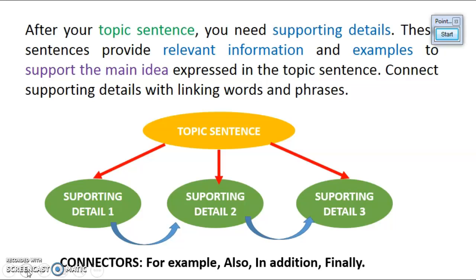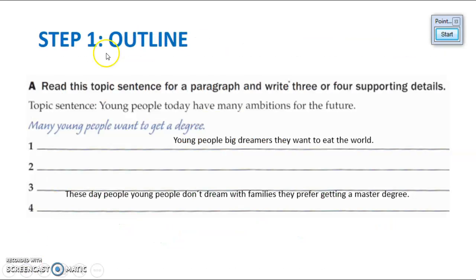The first step that you have to follow in order to write a paragraph is to write an outline. It means to organize your ideas, just to check if your supporting sentences agree with the topic sentence.